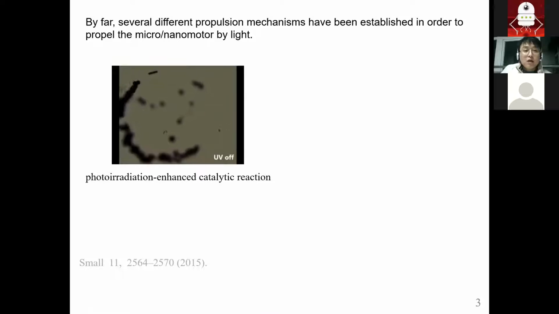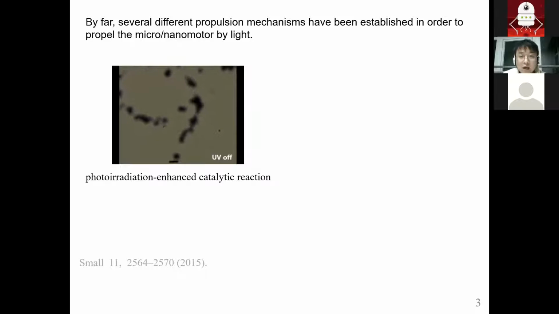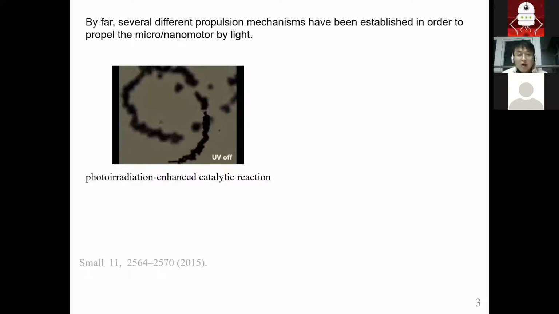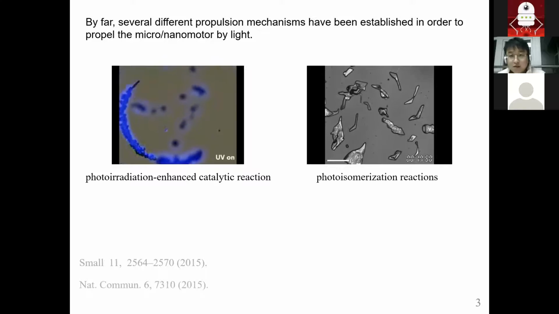Up to now, several different propulsion mechanisms have been established to propel micro and nanomotors by light. For instance, efficient propulsion can rely on bubbles generated through photo-irradiation-enhanced catalytic reactions and photoisomerization reactions.